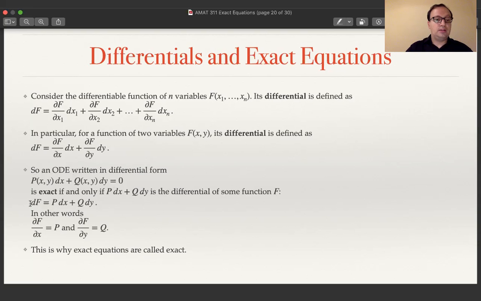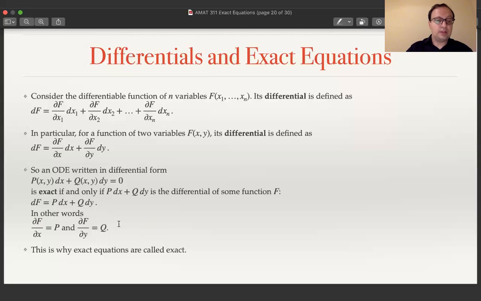So dF is p dx plus q dy. This is what it means that partial f over partial x is equal to p, and partial f over partial y is equal to q. So exactly when this happens, then df is p dx plus q dy.